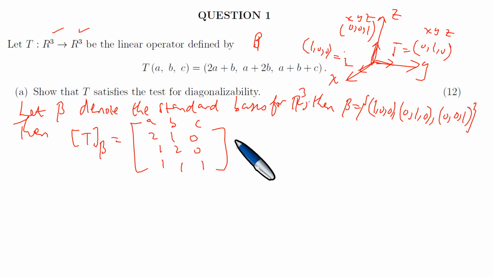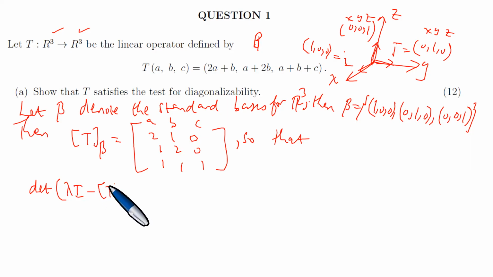Then we can find the determinant of this. So the determinant of lambda I minus T sub beta.